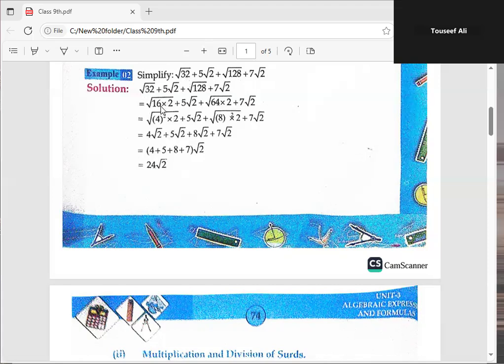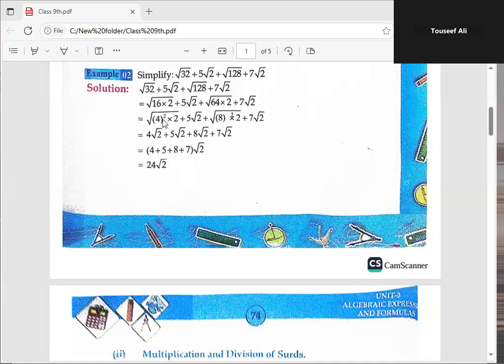Root 32 means 16 multiplied by 2, plus 5 root 2 is already in simplified form, so it comes as it is. And root 128 means 64 multiplied by 2, plus 7 root 2. Here 16 is the square, 4 square equals 16, so 4 square multiplied by 2, and here 64 is the square of 8, so in place of 64 we will replace 8 square multiplied by 2.